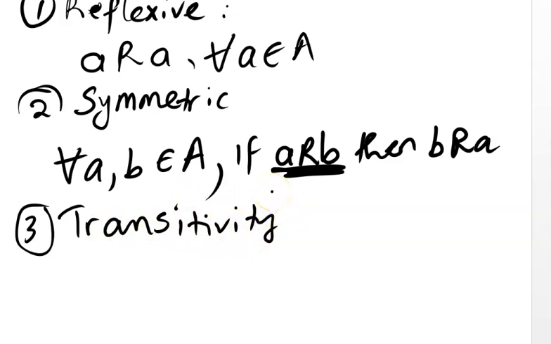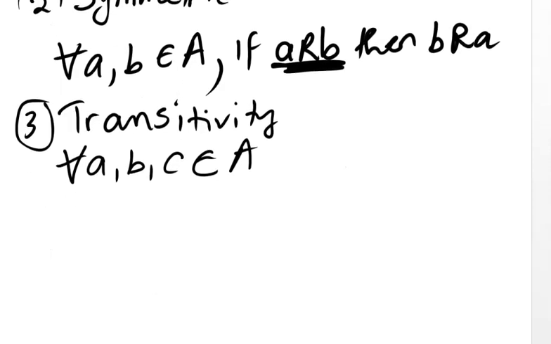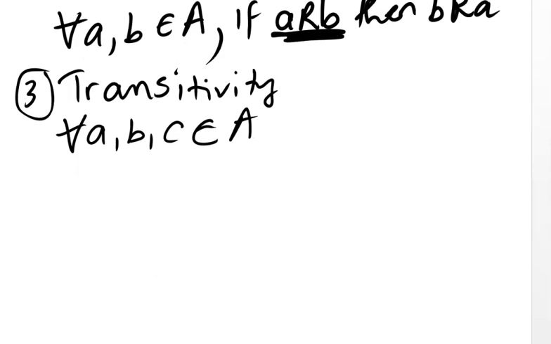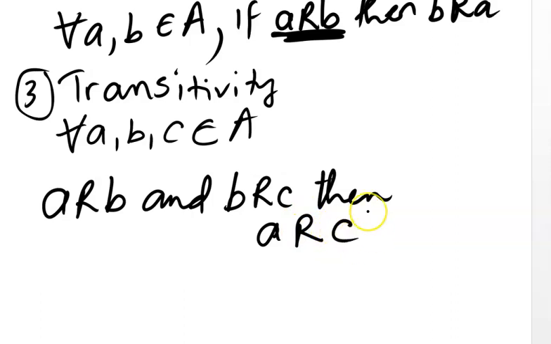A relation R is said to be transitive on a set A if for all a, b, c that belong to the set A, if a relates to b and b relates to c, then a relates to c.